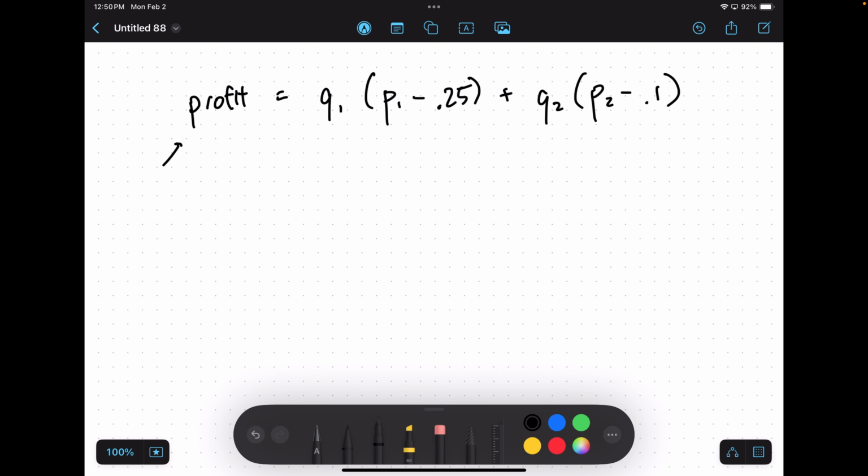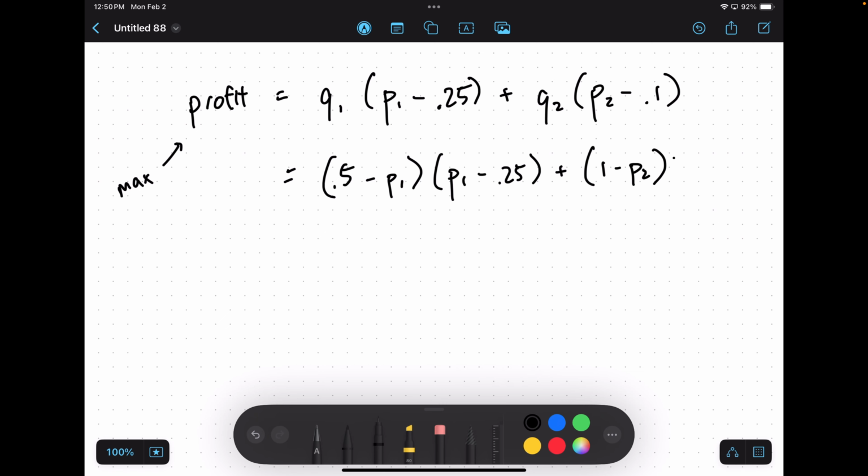And we want to maximize this. So this is going to be equal to, what were my demand functions? (0.5 minus P1) times (P1 minus 0.25) plus (1 minus P2) times (P2 minus 0.1).